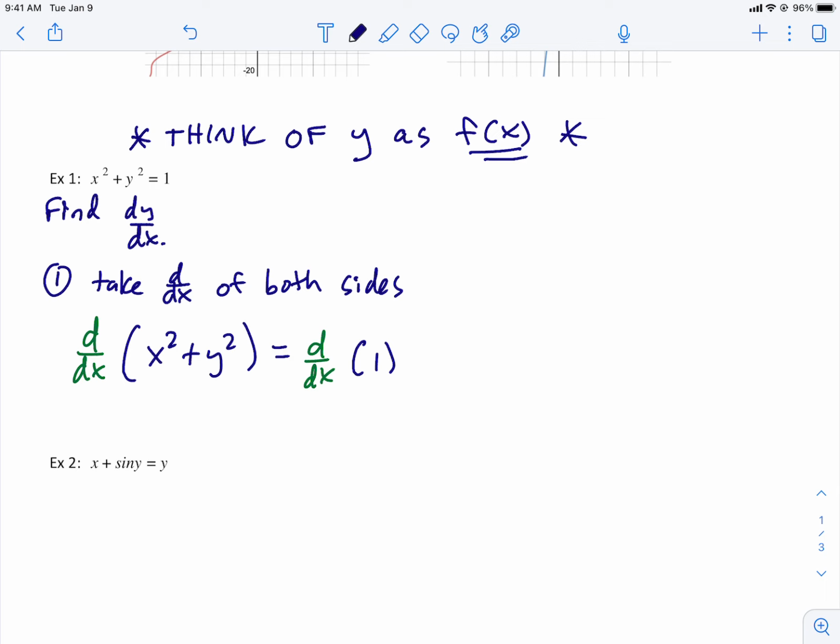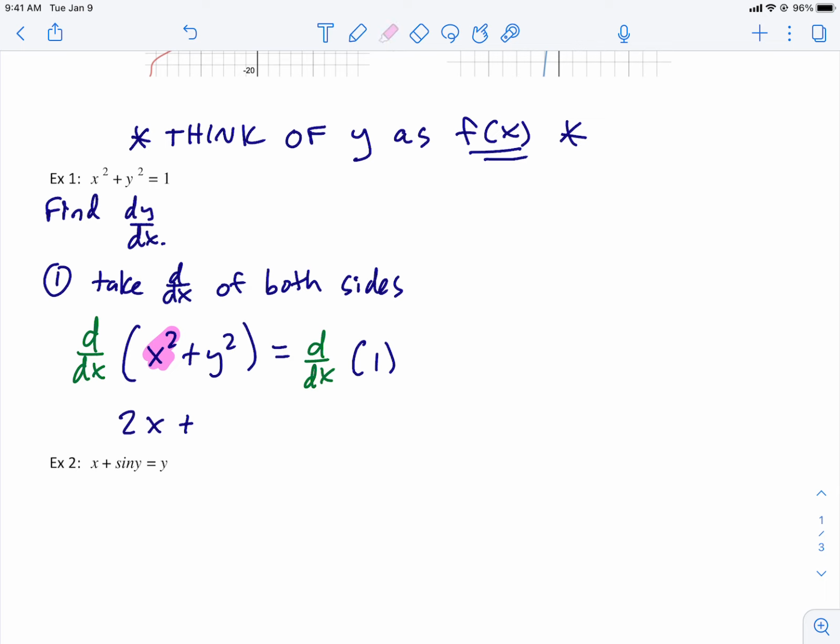Okay, so think of it like this. On the left-hand side, the derivative of x squared, that's pretty easy, that's 2x, plus, and now here's where it gets a little weird at first, but once you do this a couple times, you're just going to remember.